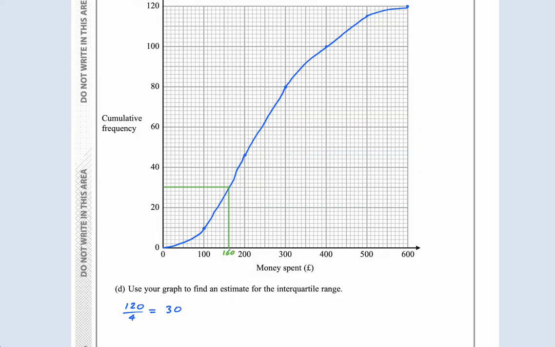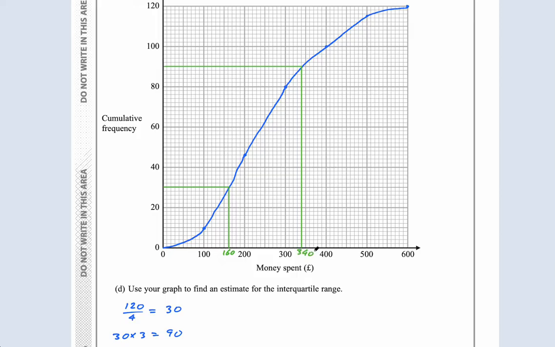Q3 I then find by getting 3/4 of 120, so 30 times 3, which is 90. So the 90th family will be my Q3. I need to go over to here and then down like this. This is 310, 320, 330, 340.